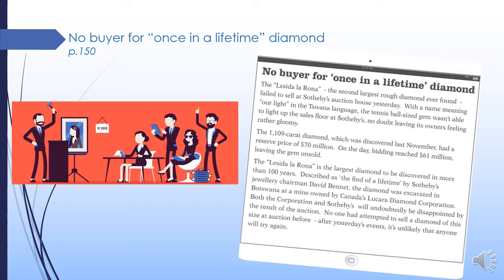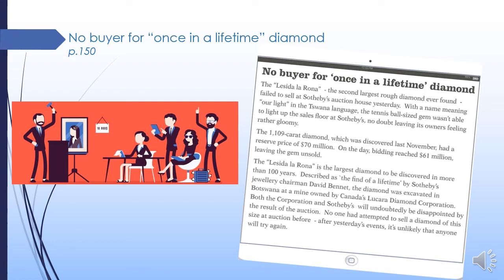The 1109 carat diamond, which was discovered last November, had a reserve price of $70 million. The reserve price, as written in the book, is the base price that the owner of the item does not go lower than. On that day, bidding reached $61 million, leaving the gem unsold, because it is still less than the minimum amount the owners required. The diamond was not sold.